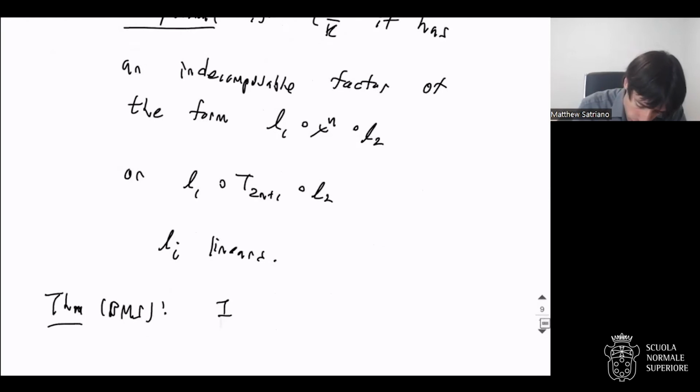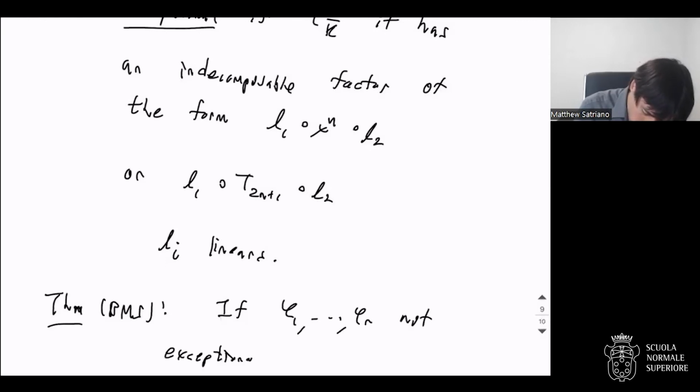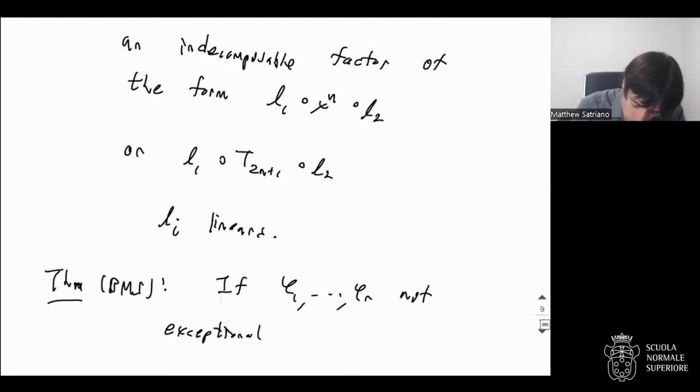And then from that point of view, if phi 1 to phi r are not exceptional, then you still do need an exceptional set of rational points, but it's only finite.